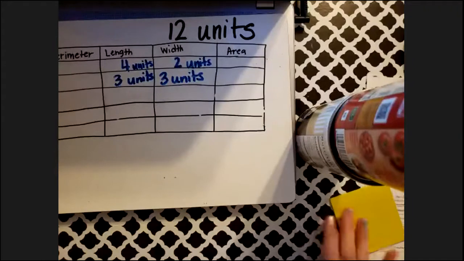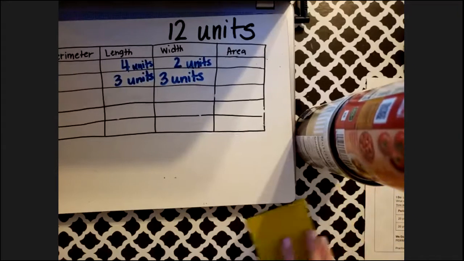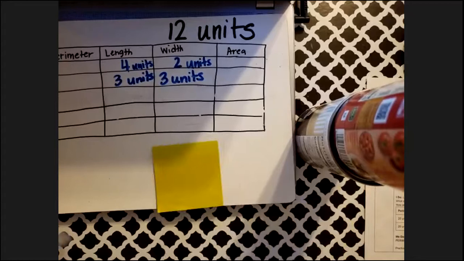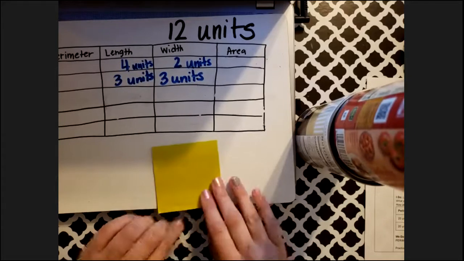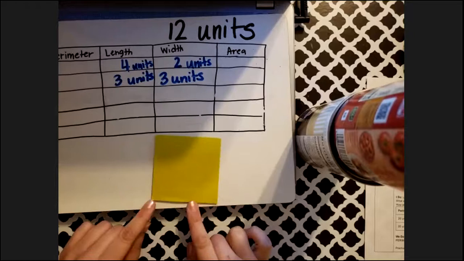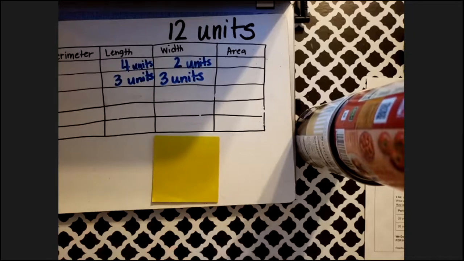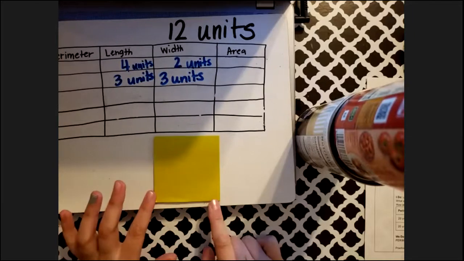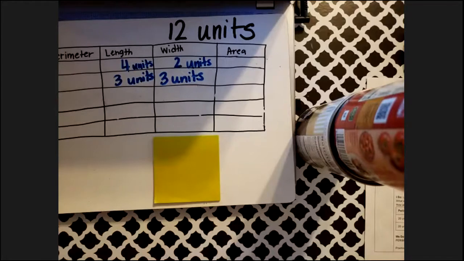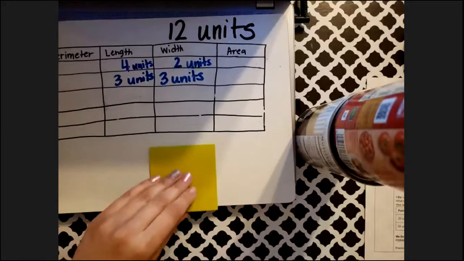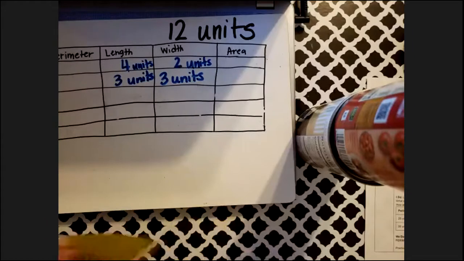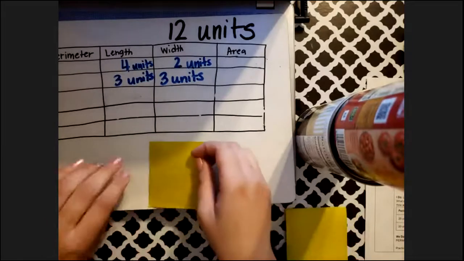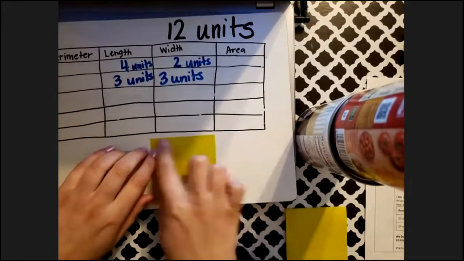That's a hint. What object is that? Is that a rectangle? No. What is it? It's a square. Yes, good job, Patience. Remember yesterday, Miss Miranda discussed that when all sides are the same, it's a square.